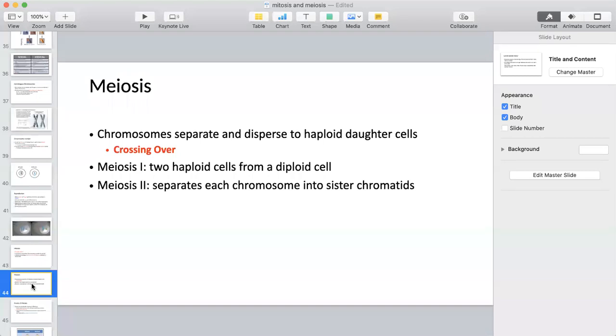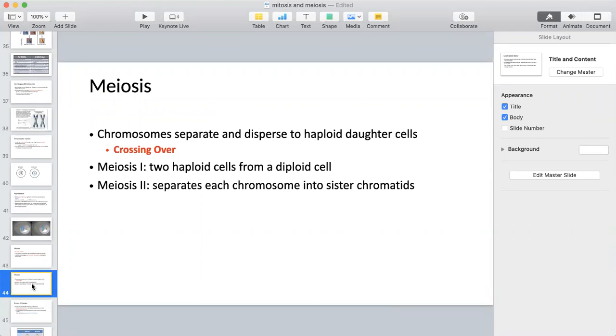There's 2 rounds of cell division, meiosis 1 and meiosis 2, and we're going to follow those same steps that we saw in mitosis. We're going to go through prophase 1, metaphase 1, anaphase 1, telophase 1, and then we're going to repeat that.